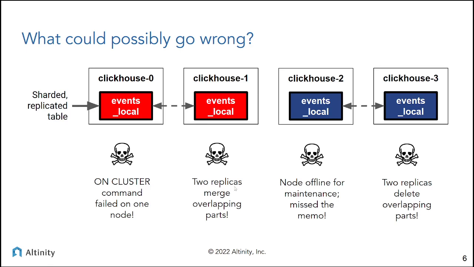As you're probably familiar, merge tree does background merges to consolidate data, and 2 replicas could choose to merge different combinations of parts to create a new part, in which case we'd have an inconsistency between the replicas. Or another one is that 2 replicas could delete different overlapping parts, and again, they could potentially conflict and even cause errors.